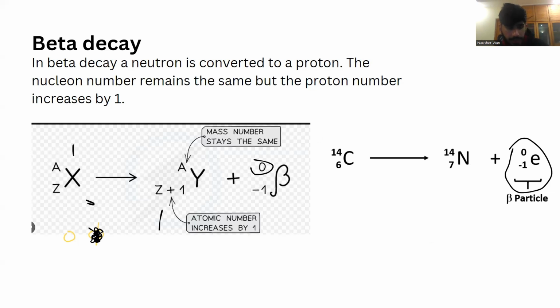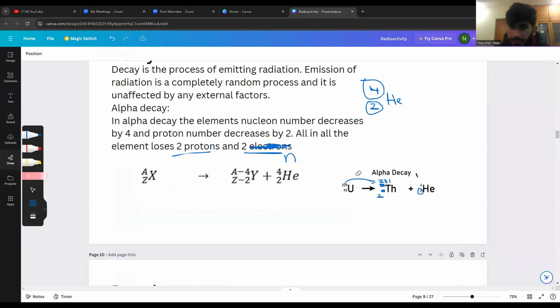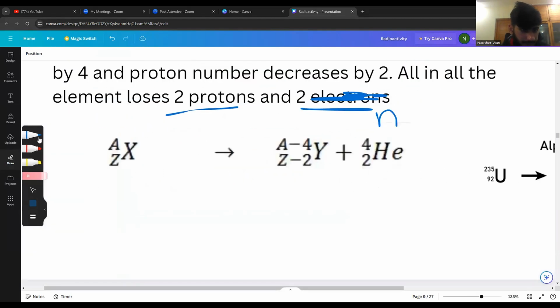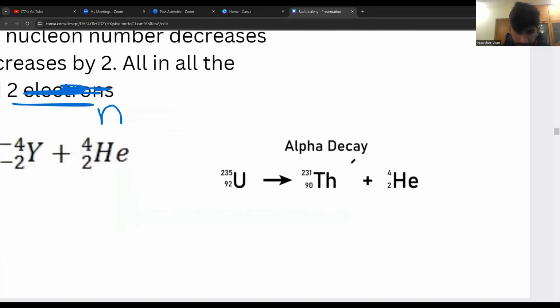Now, before I go on to the next slide, there's also one other trick that I want to tell you to make sure you are getting the correct answer. And this is to simply add up all the numbers on both sides. If you take a look at this example over here, on our left-hand side, before this arrow, we have 92 as our proton number.